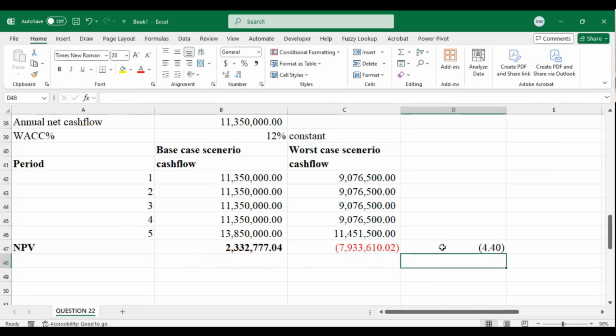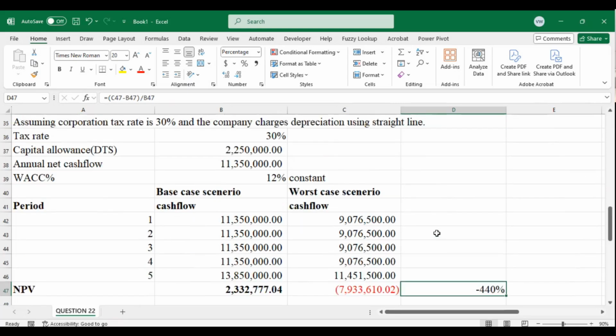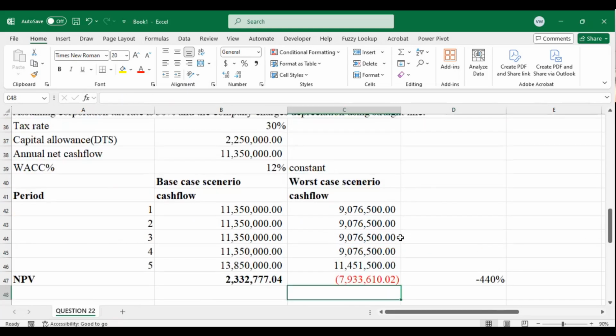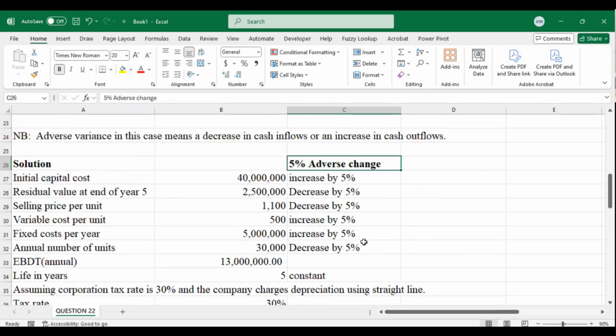This is 4.4. If we have 4.4, let me see it as a percentage. As a percentage, it's negative 440%. So negative 440% means what in relation to the change? Remember, we had a 5% adverse change.